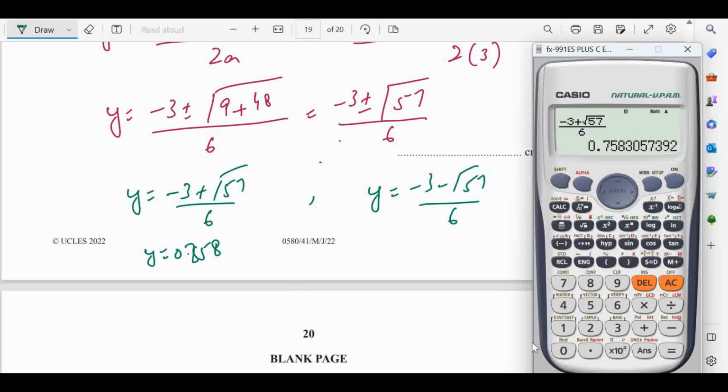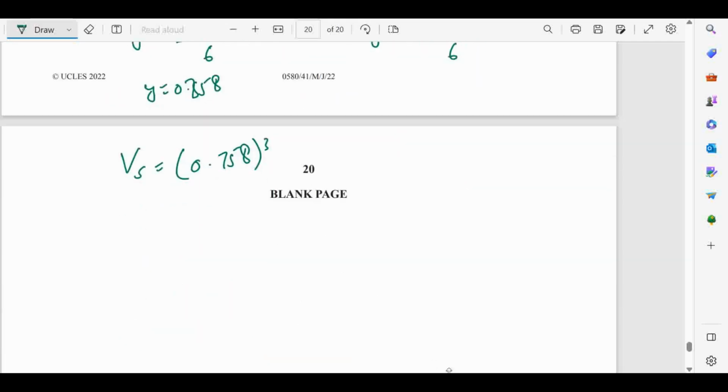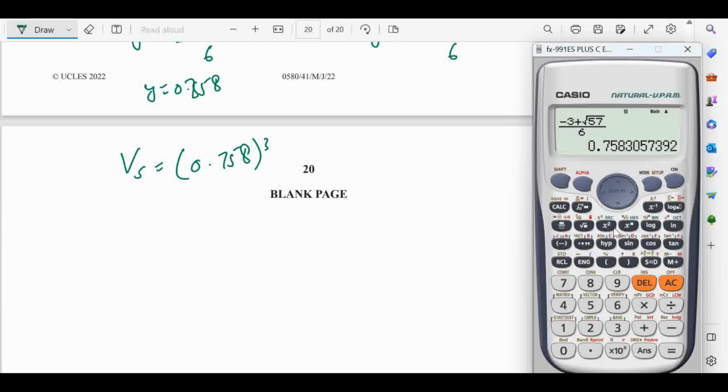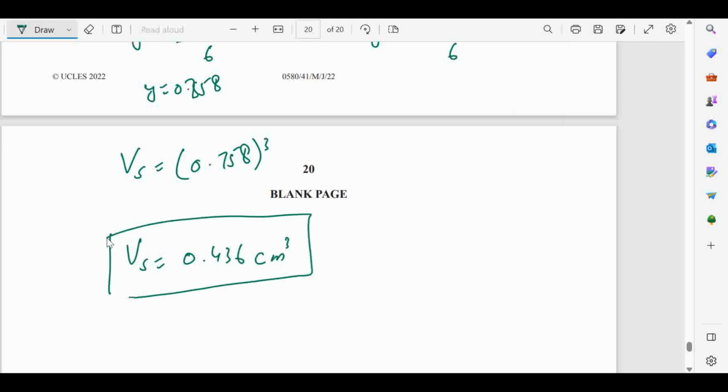If we find the volume of the smaller one, it will be 0.758 whole cube. If we find the cube of the answer, this will be equal to 0.436. The volume of the smaller cube will be 0.436 centimeter cube. This will be the first answer.